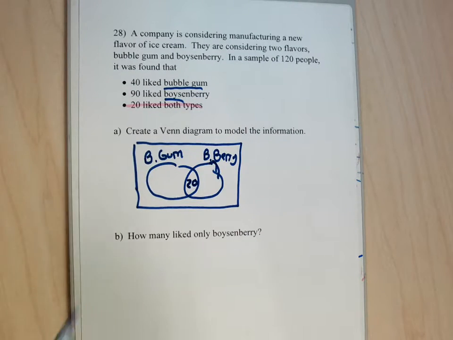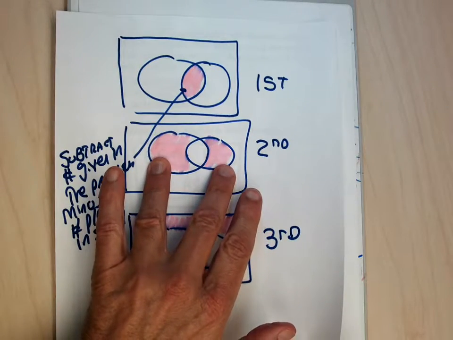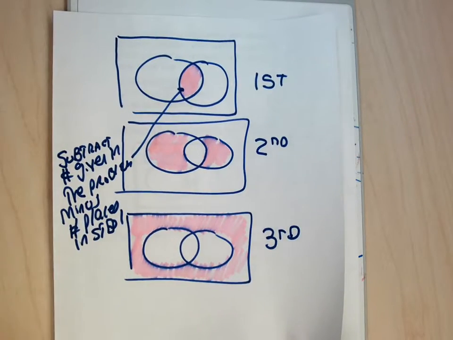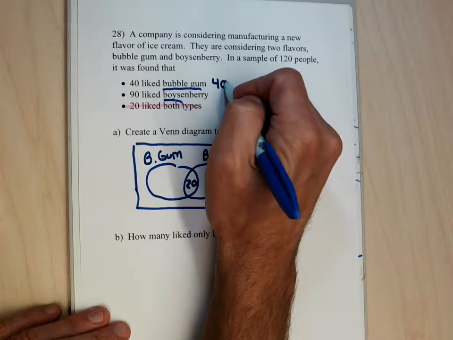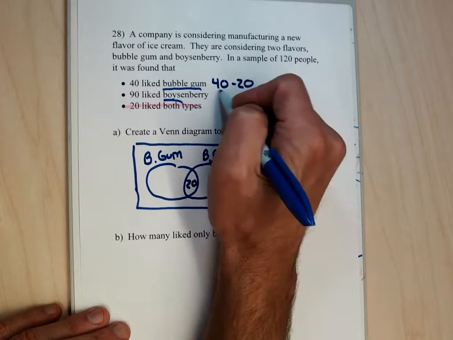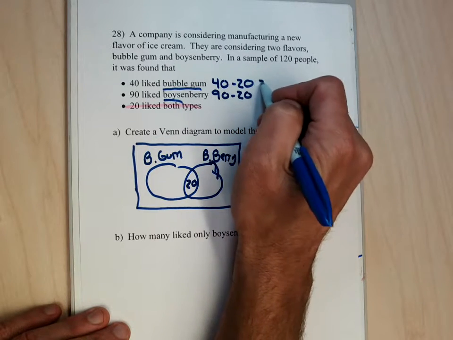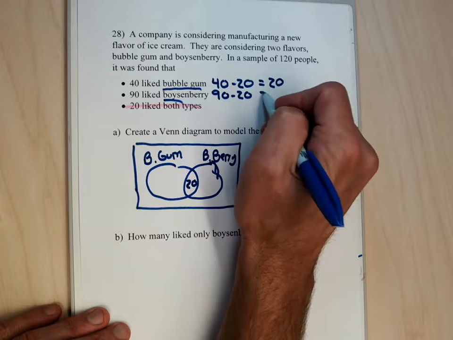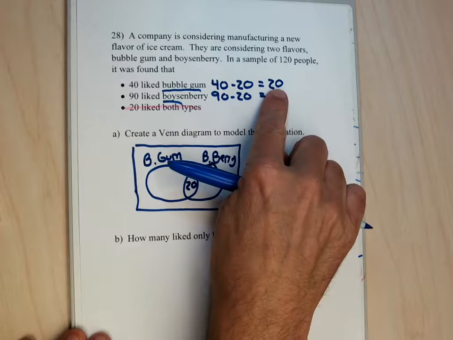The next 2 numbers I'm going to get by subtracting the numbers that are given in that list minus the number that I just placed in. I'm going to take the 2 numbers in this list of numbers and subtract out the 20 that I put dead center. These are the next 2 numbers that are going to belong in my diagram. And the first one goes in the rest of the bubblegum circle.